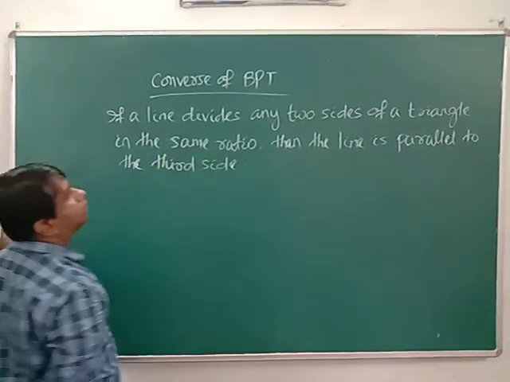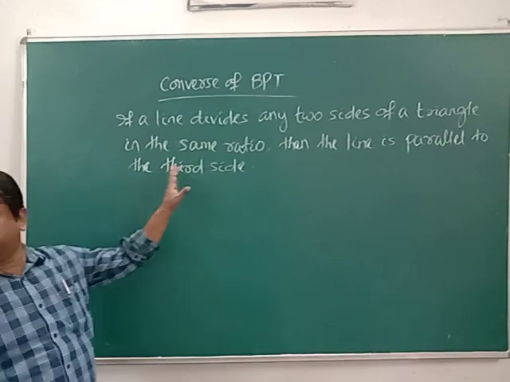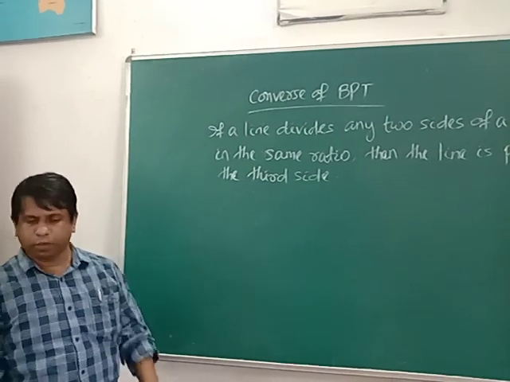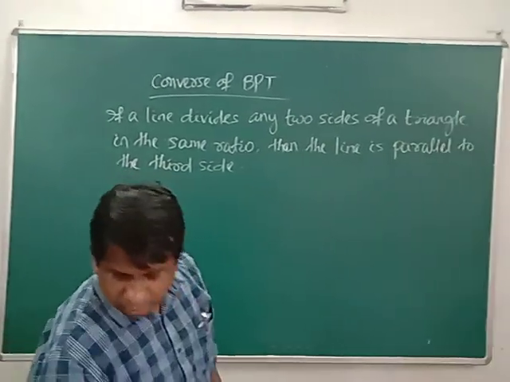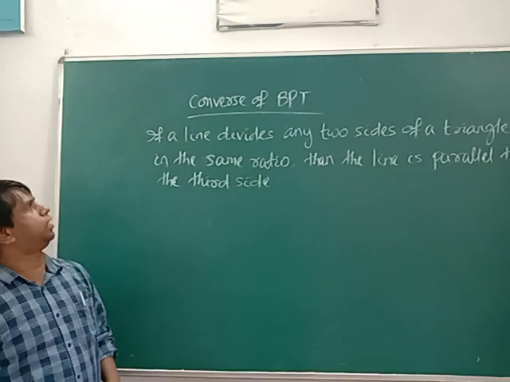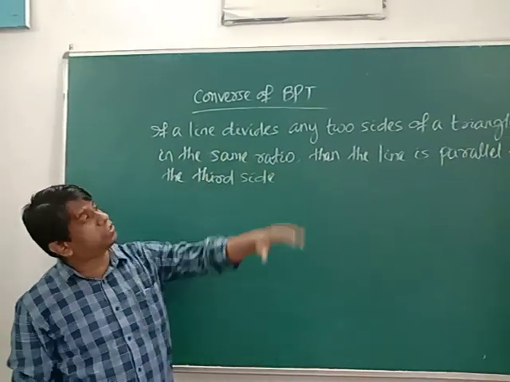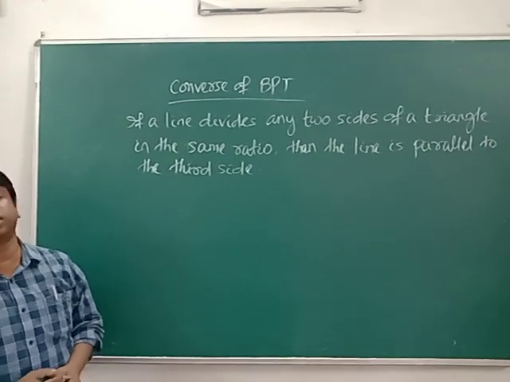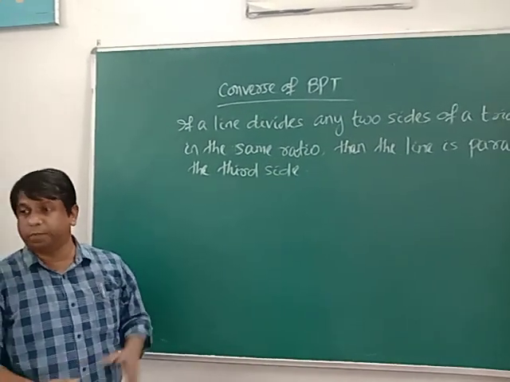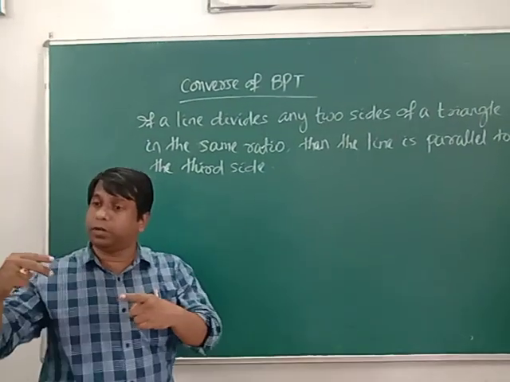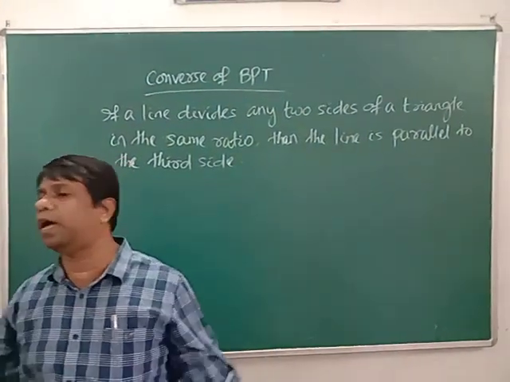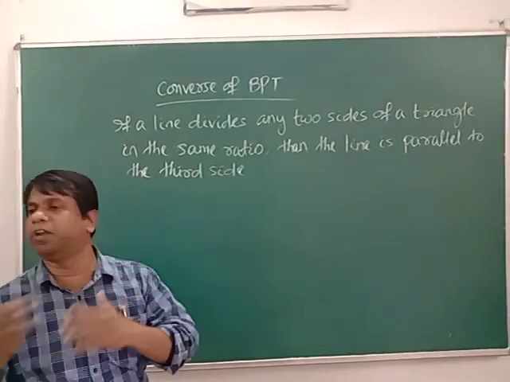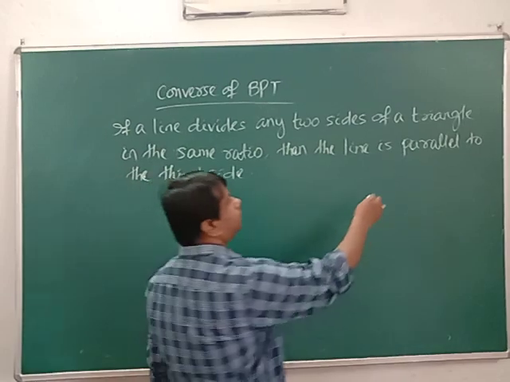It is important. No need to prove the theorem, but its application is there. So I am proving the theorem. I want to prove this theorem for your better understanding. If a line divides any two sides of a triangle in the same ratio, then the line is parallel to the third side. In the basic proportionality theorem, the line is parallel to one side, then it divides the other two sides in the same ratio. But here it's the converse. Ratios are equal, then you have to prove that the line is parallel.